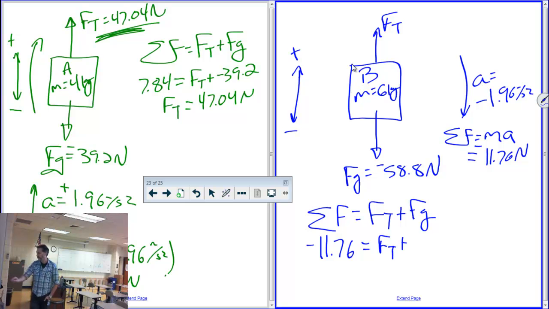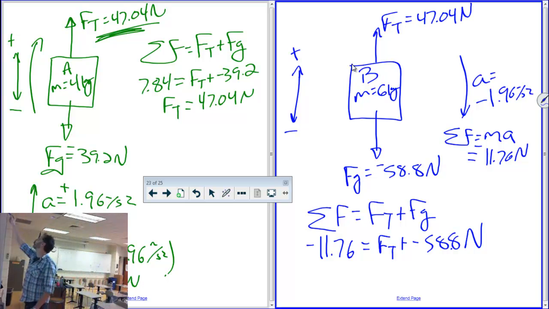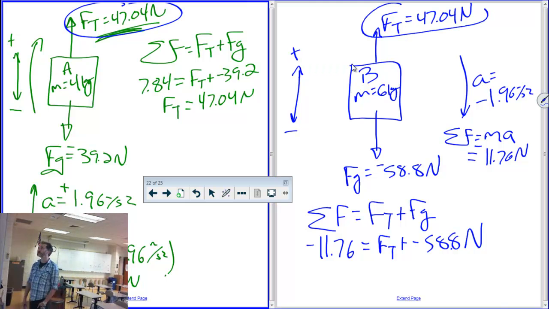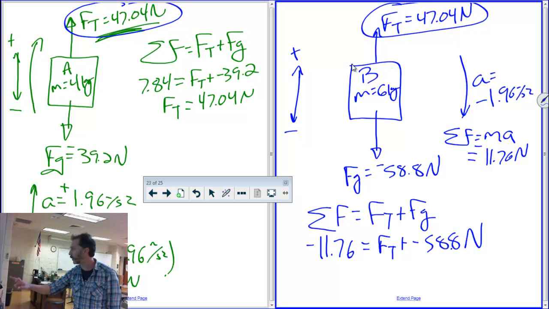Gravity is negative 58.8. Do your algebra, add the 58.8, and you get 47.04 newtons again. And so the idea is this tension force equals this tension force because A and B are both pulling each other through the rope with equal and opposite forces by Newton's third law.